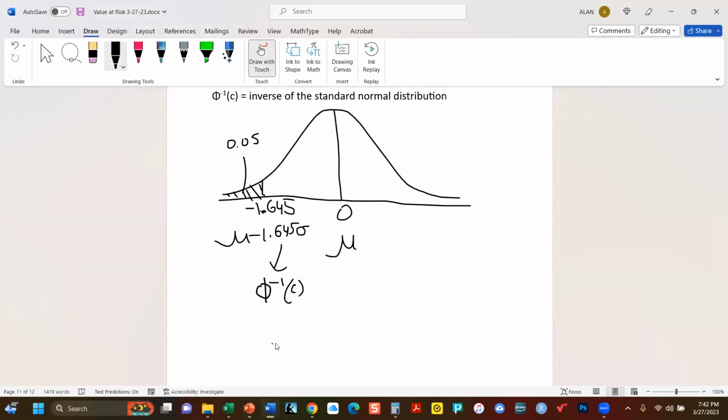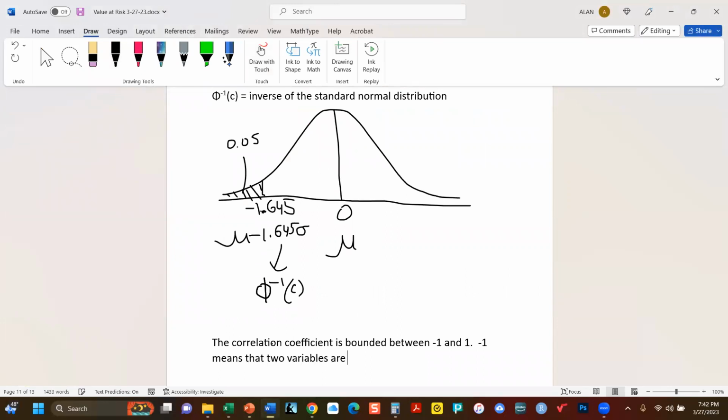Now, if you recall, just want to mention correlation. The way this correlation coefficient is defined is bounded between -1 and +1. -1 means that two variables are perfectly negatively correlated.